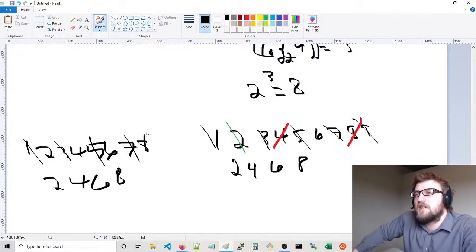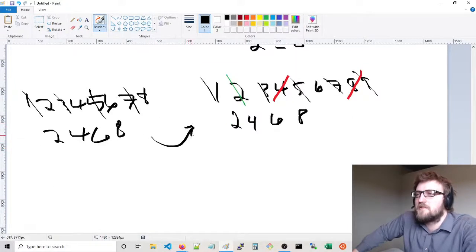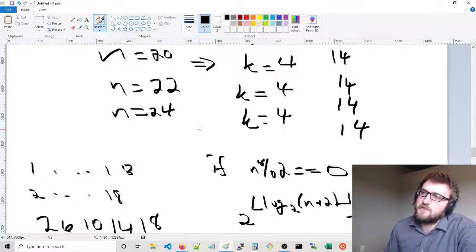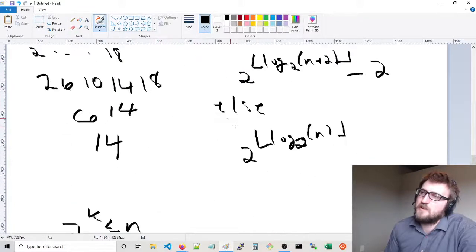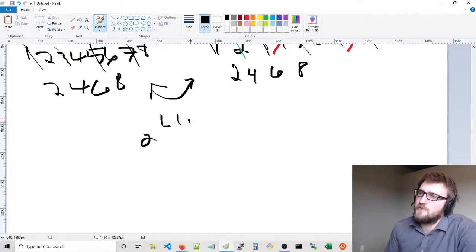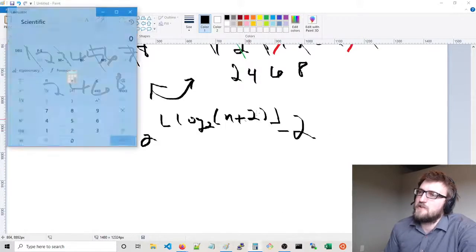So actually, these are equivalent. These should give you the same exact answer. So it doesn't matter if it's odd or even. It's just exactly what we had here: 2 raised to the floor of log of n plus 2, minus 2, which is so weird, by the way.